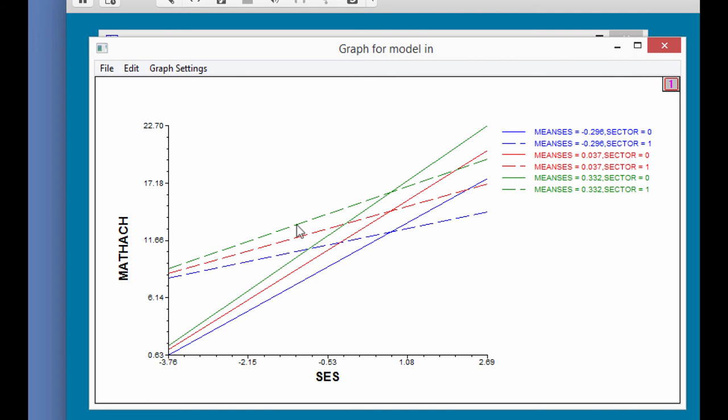You can see that, again, for all three socioeconomic groups in the Catholic schools, the slopes are flatter as compared to the public schools. But the relationship is similar in the sense that in both the public schools and the Catholic schools, the higher the socioeconomic status, the higher the math achievement.